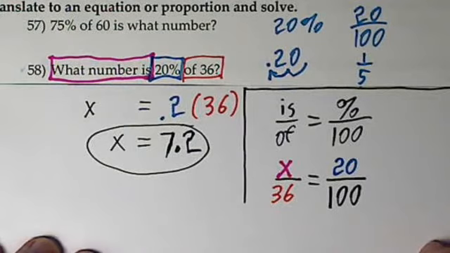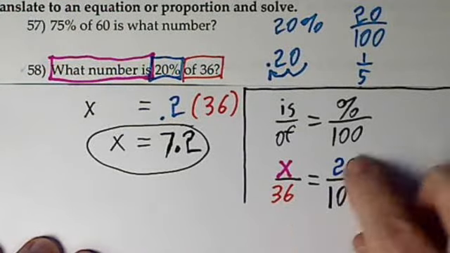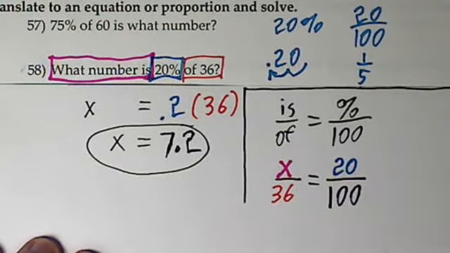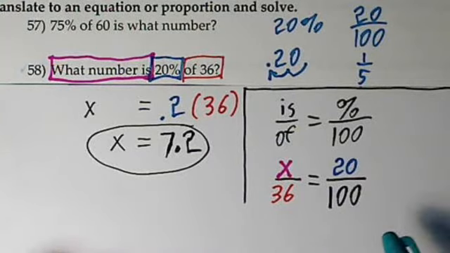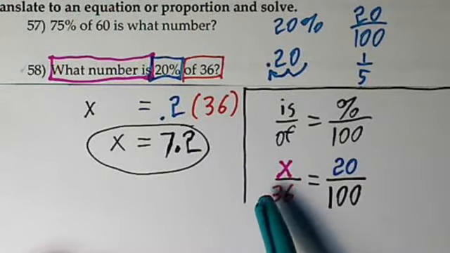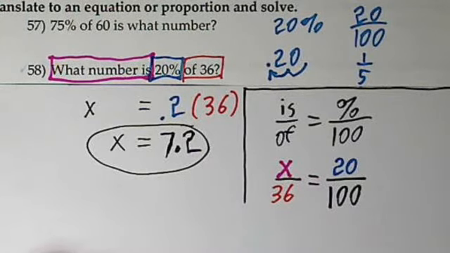The book and many textbooks, not just the one that we're using here, often says use cross products to solve for x. I really don't like using cross products. It works nicely, but I want you to really understand the algebra involved. So I'm just going to say I want x by itself.